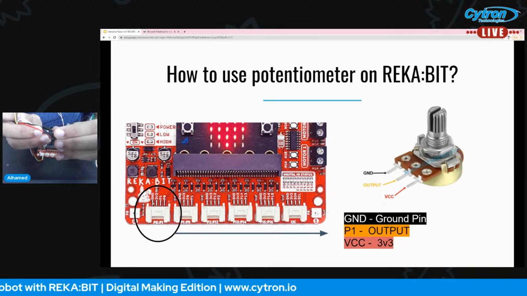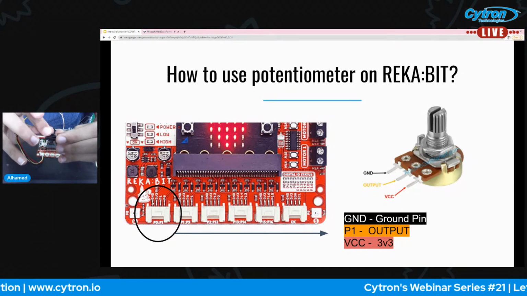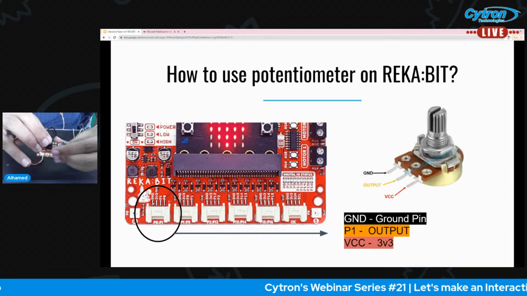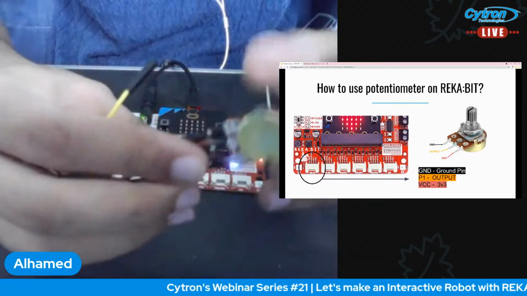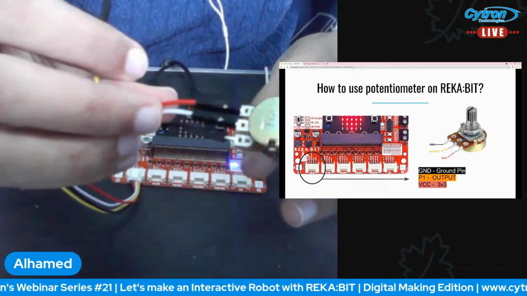And this way the potentiometer is already connected to the Rekabit. This way, 3 wires to the potentiometer.